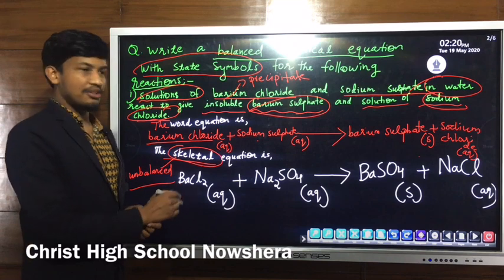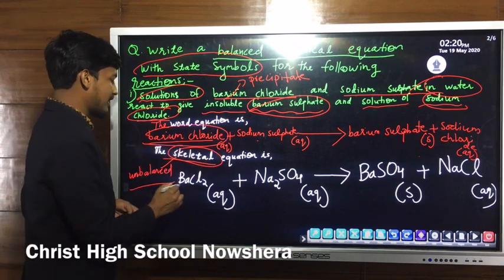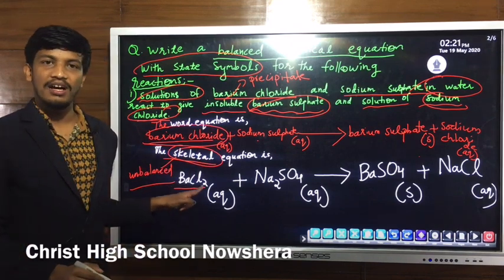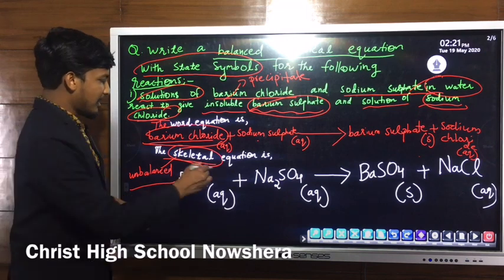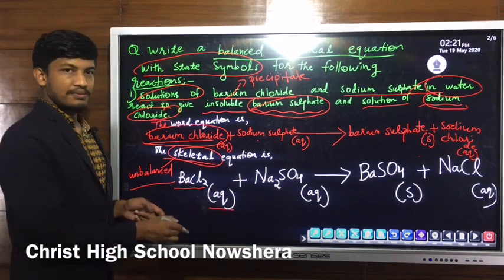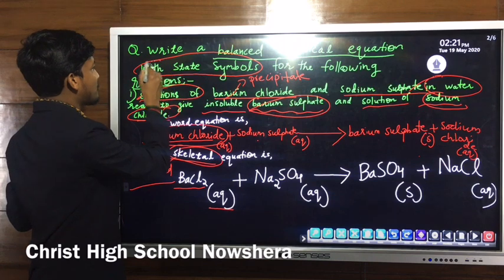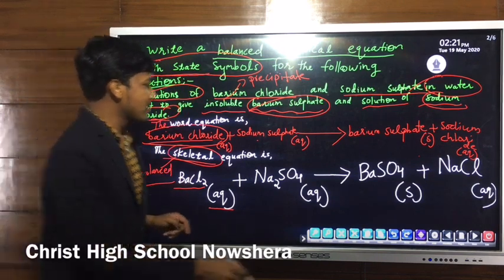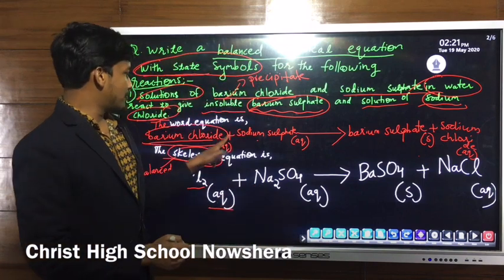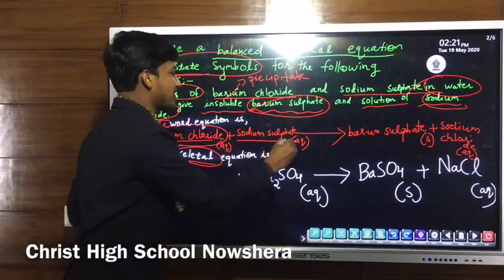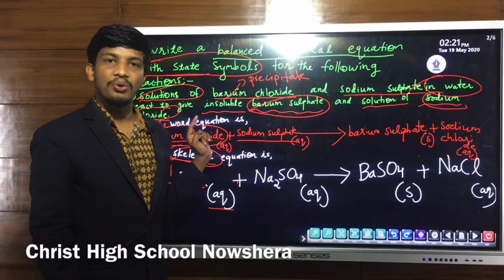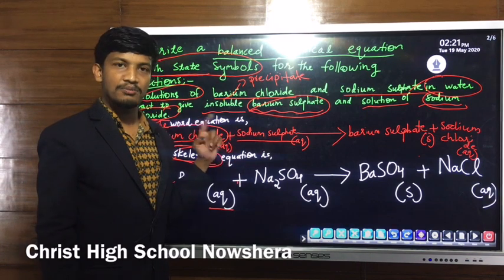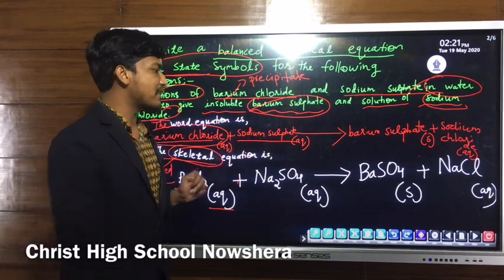So in the skeletal equation, instead of barium chloride, we can write its chemical formula BaCl2 with aqueous solution, because in this question we have to write the state symbols also. So the first reactant is aqueous. Then put a plus sign. The second reactant is sodium sulfate, also an ionic compound because it has a sodium cation and a sulfate anion.